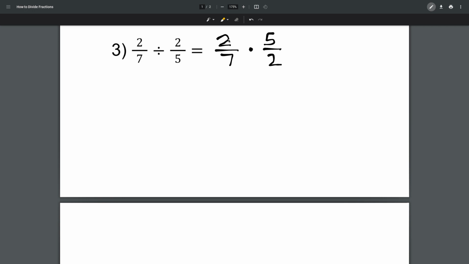I can divide both 2 and the 2 here by 2 and get 1. So I'm going to do that. And 1 times 5 is 5. 7 times 1 is 7. So we are good. Hopefully you got that one. If not, take a snapshot because I'm going to erase it right now.